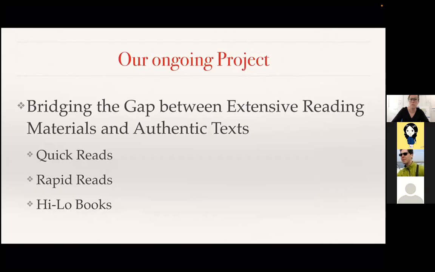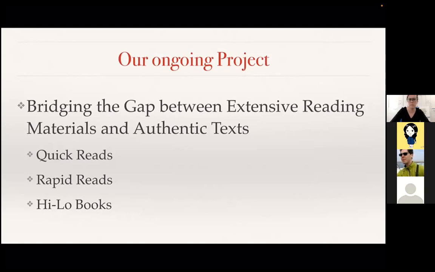As I said at the beginning of the talk, there seems to be a gap between what university students read in their first years and what they have to deal with in their seminars and graduation projects in later years. So we find these native speaker reluctant readers or slow readers, such as quick reads, rapid reads, and high-low books, quite possible candidates for that position.